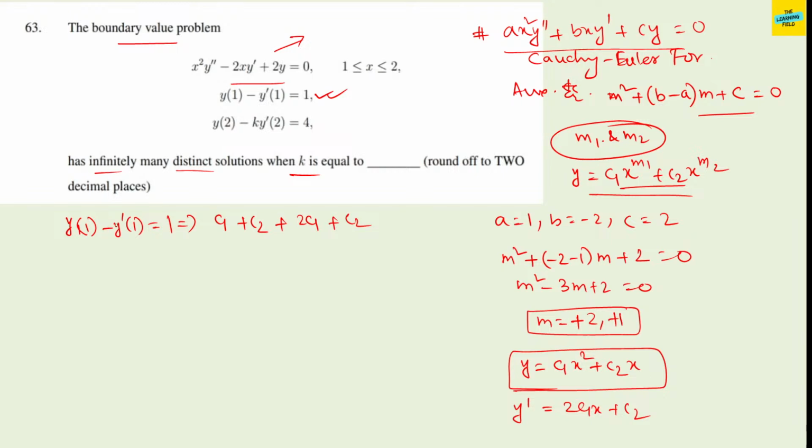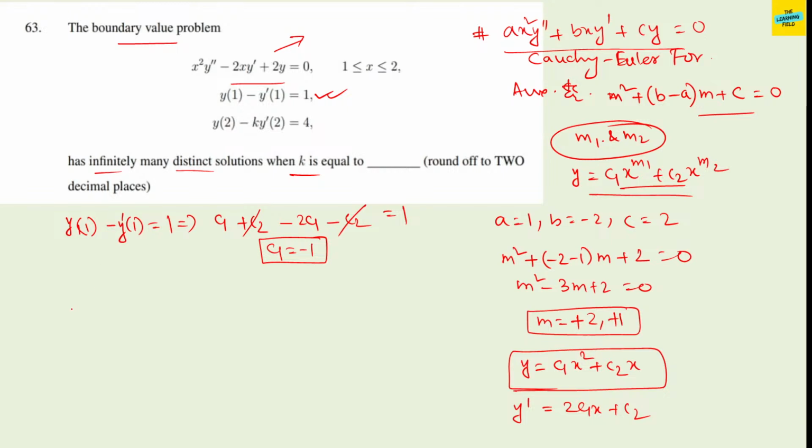Sorry, this is minus. So minus and minus, this is equal to 1. So c1 equal to -1 we get.